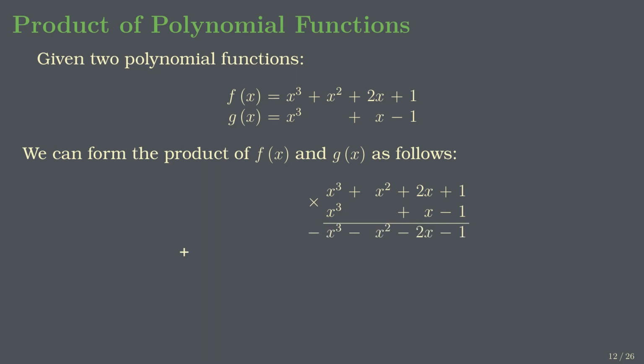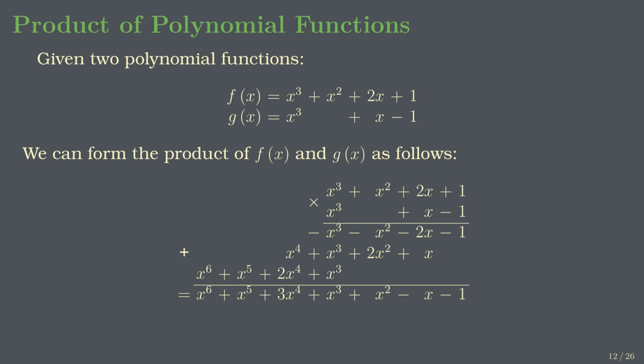So for example, first we take the product of -1, the constant coefficient of g(x), with f(x), and you write the result here by line. Secondly, you take the product of f(x) with x, and the last one you take the product of f(x) and x to the power 3, and you get this line. And you have to arrange these lines column by column, where you put all the same power of x into one column, and then after that you can take the sum as usual. Okay, this gives us the result.